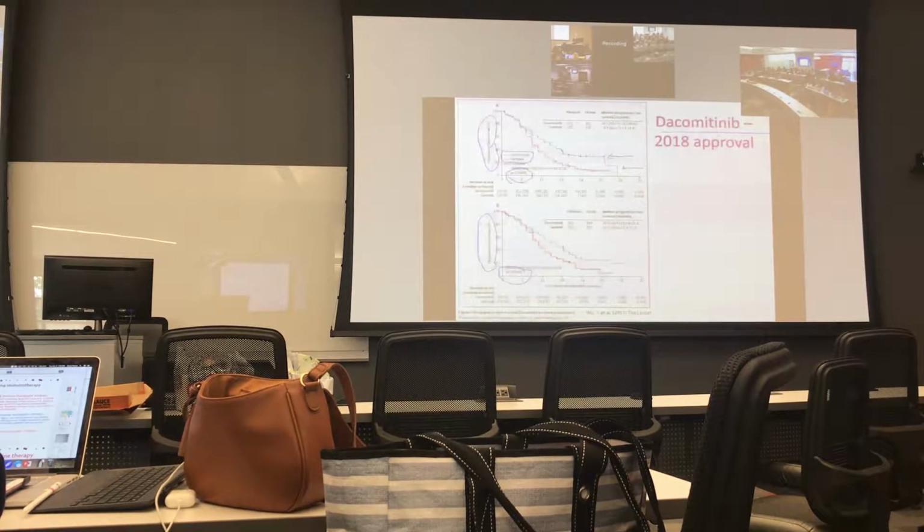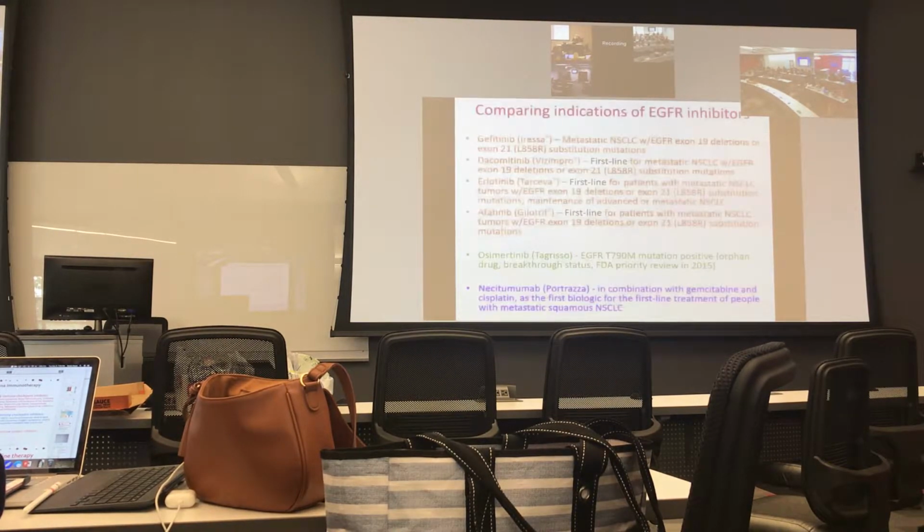And here is just a written out slide where I have specified the indications for the EGFR inhibitors. I tried to be consistent with my color scheme here, where we have gefitinib, dacomitinib, erlotinib, and afatinib. A lot of these are similar.